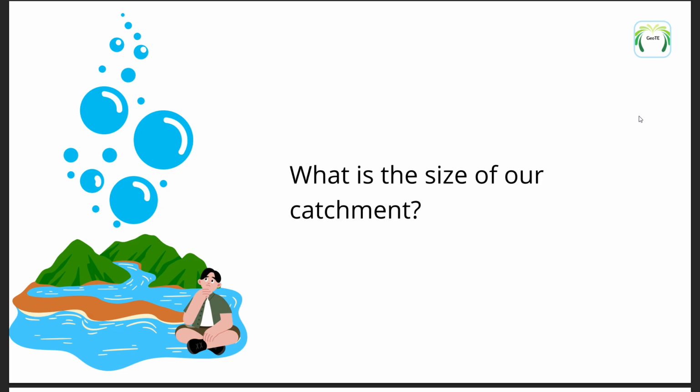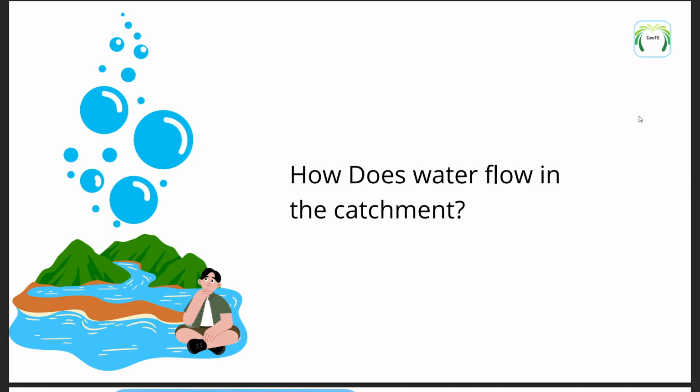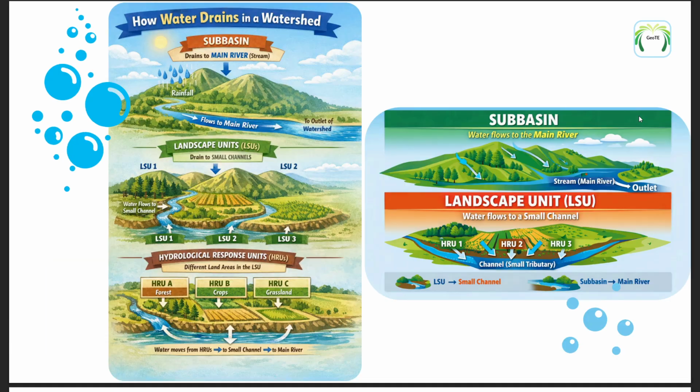Now it's better to understand our catchment size, which we will see, and before that we also need to understand how water flows in the catchment. From the watershed or the basin, we have the sub-basins, then the landscape units, and then the hydrological response unit.